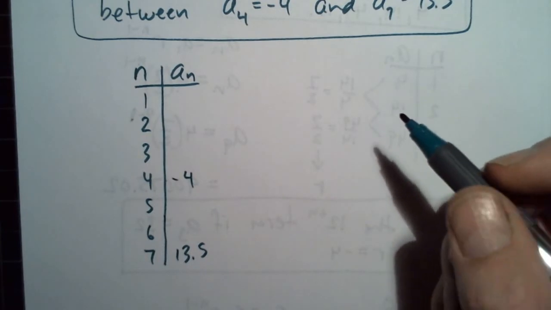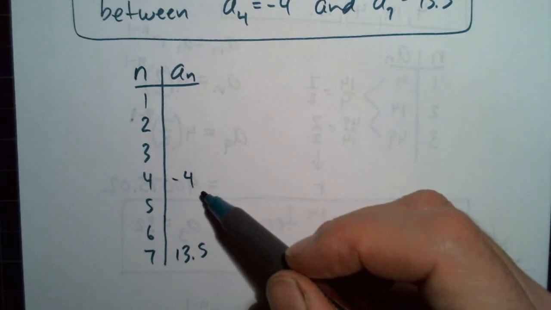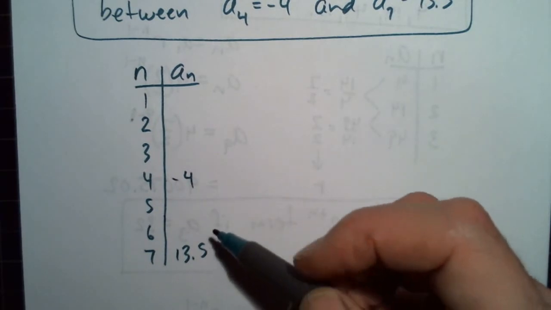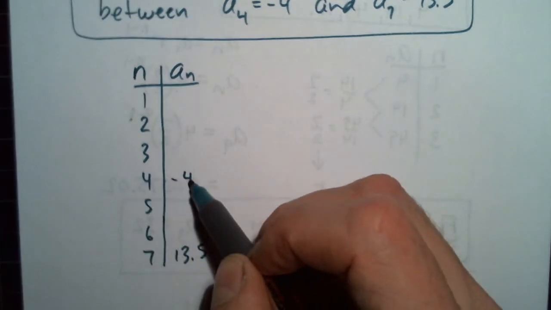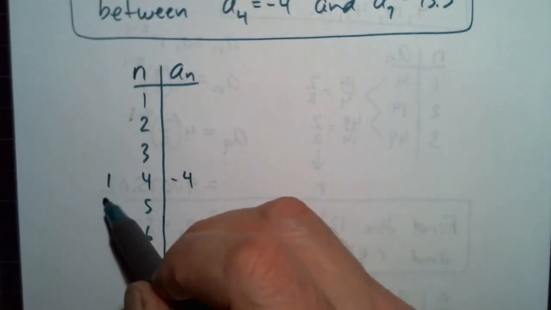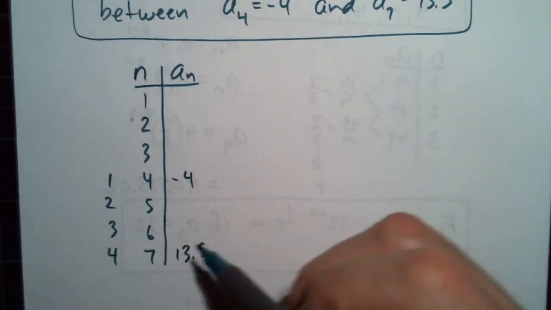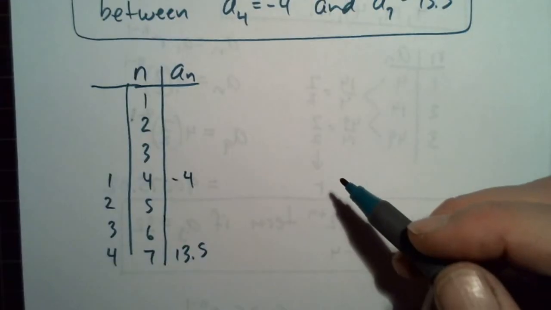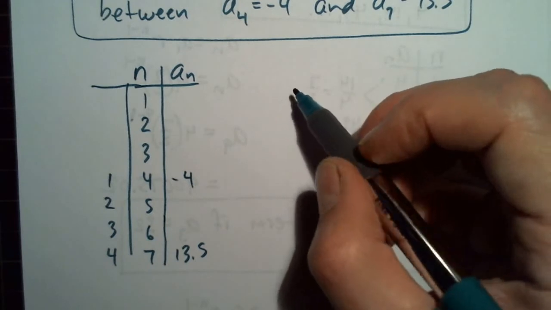And here we don't see what the common ratio is, but what if we just said this is going to be the first term of a new sequence, and then we can use the nth term formula.